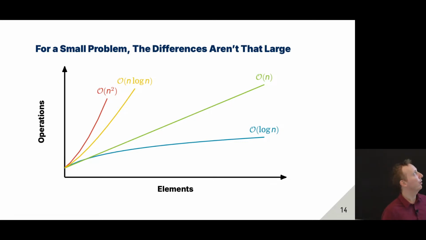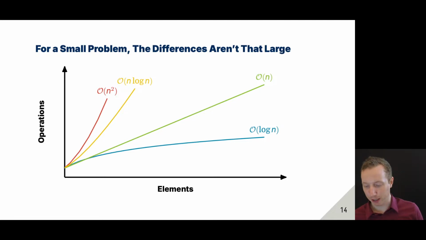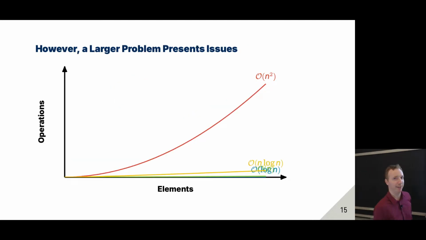But if I took those functions and plotted them over a larger range, it looks something like this. As you become Facebook or Google or whatever, you have a very, very large problem. If you have something that is n squared, you are in this land, which is much bigger than this.